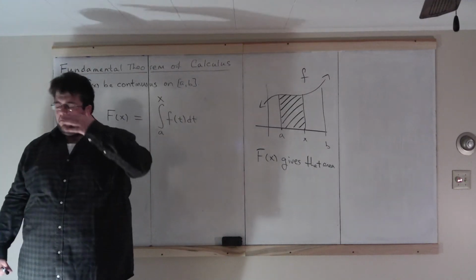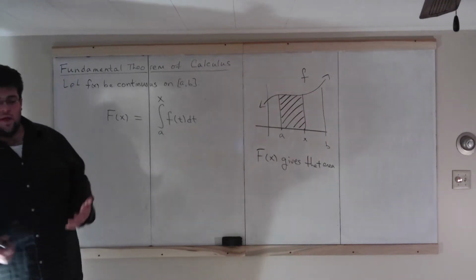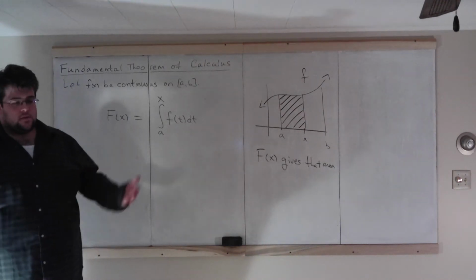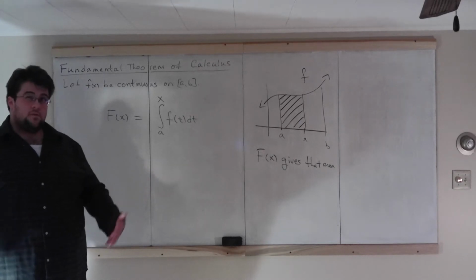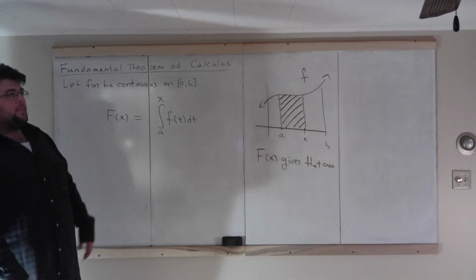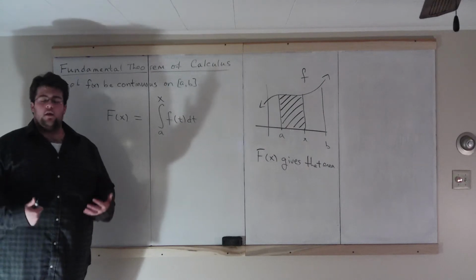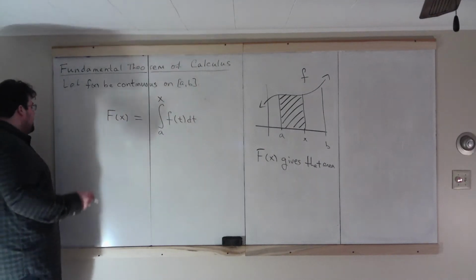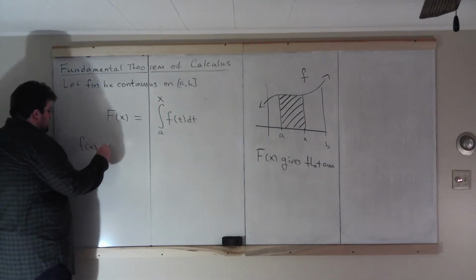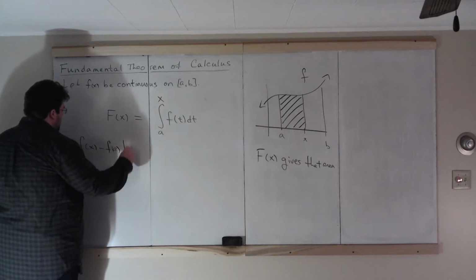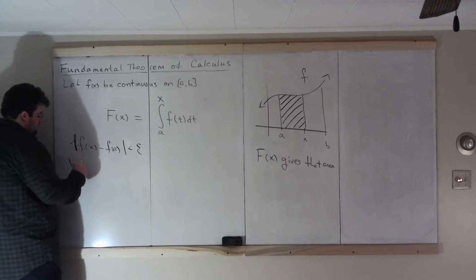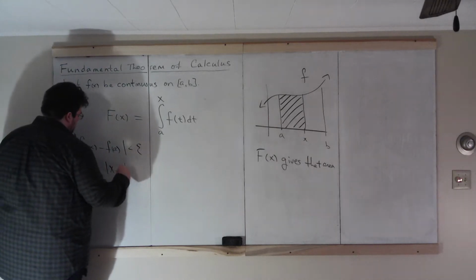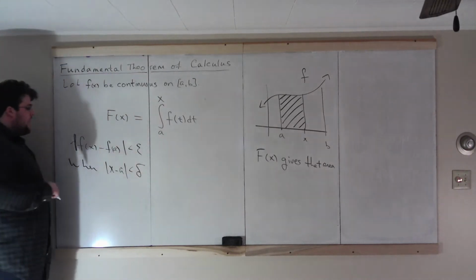Well, in Calc 1, when we discuss continuity, we aren't entirely honest. Well, I wasn't entirely honest. But it's standard to not be entirely honest when we discuss continuity, because the definition of a continuous function looks like that.